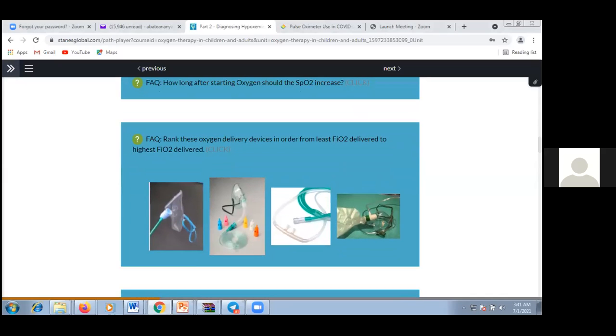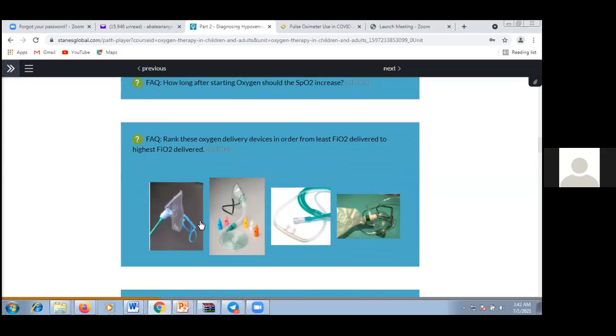Now, I would like to take you to the third discussion point today. You are seeing a picture of different oxygen delivery devices on the screen. I want you to order these oxygen devices in terms of FiO2 they can deliver, from least to highest, okay?